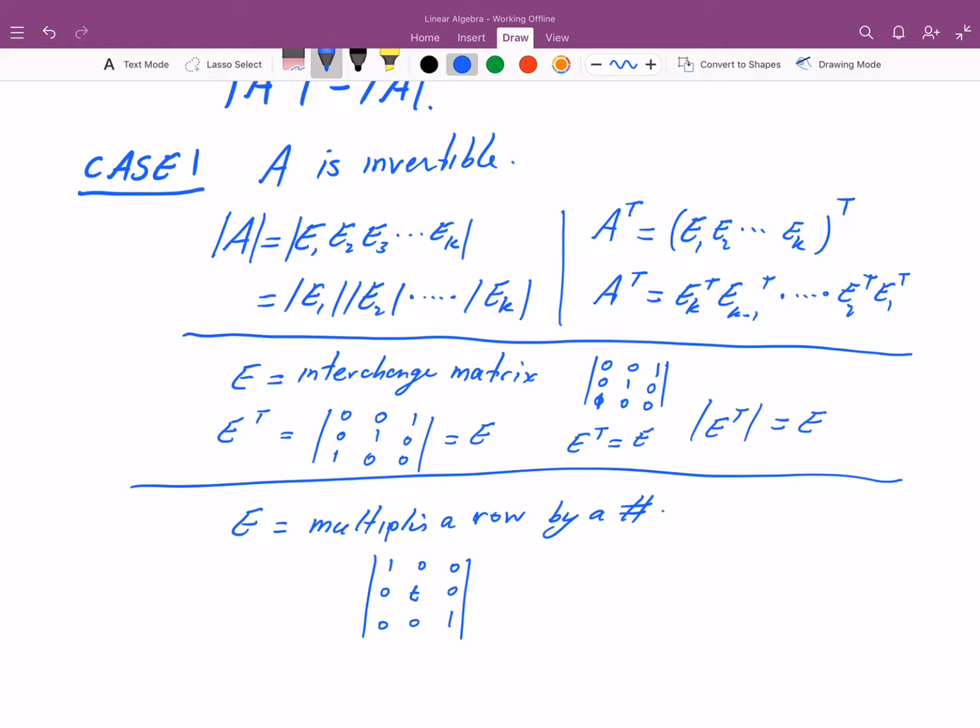It's still a diagonal matrix. So that produces a diagonal matrix. And what is E transpose then? E transpose is exactly the same matrix because it's diagonal. And so for that reason, the determinant of E transpose is still equal to the determinant of E.